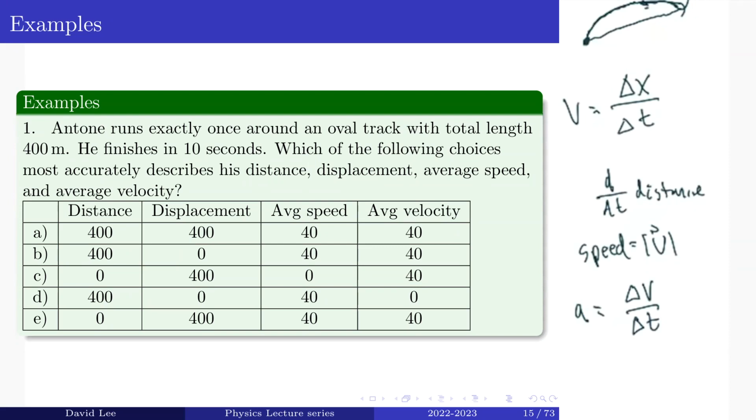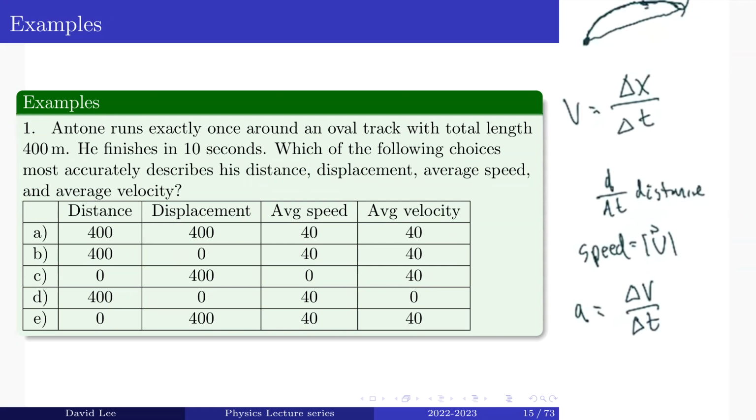So how do we do this question? It's basically just based on the definitions of speed, velocity, distance and displacement that I just went over. The distance is the total length of the path. That's just 400, right? And the displacement, as I said earlier, is a vector from the starting point to the ending point.